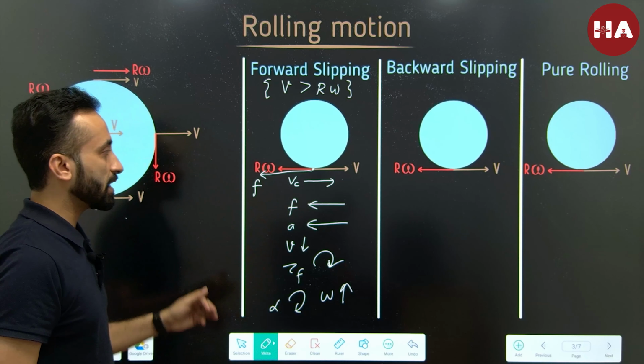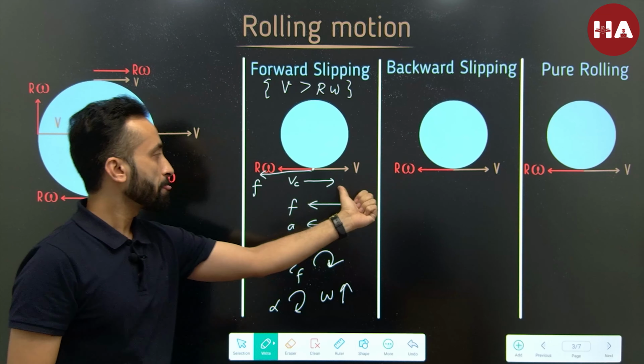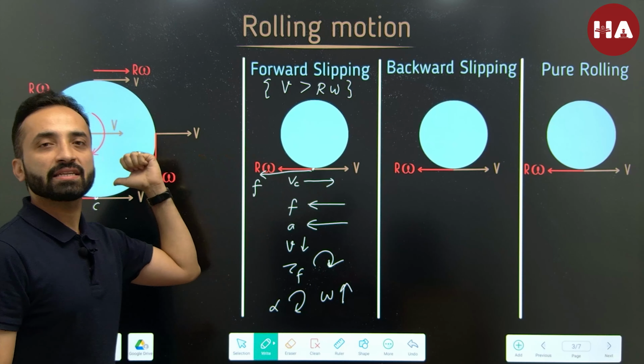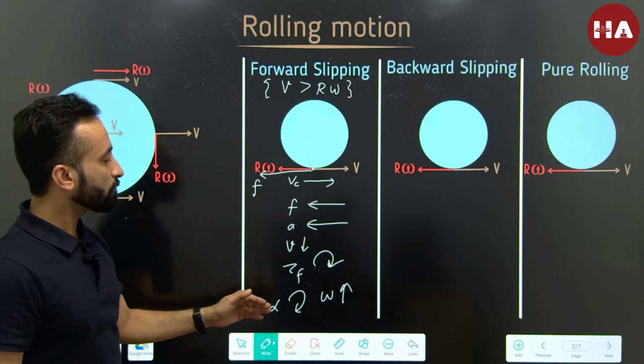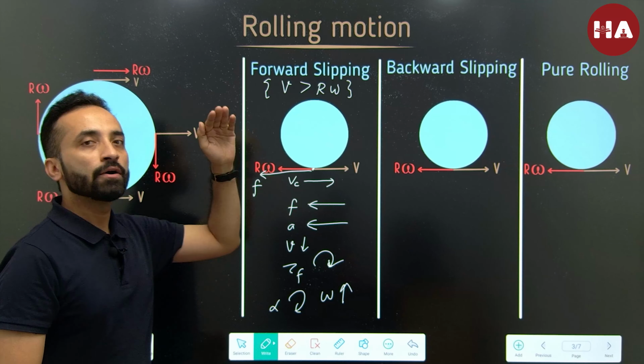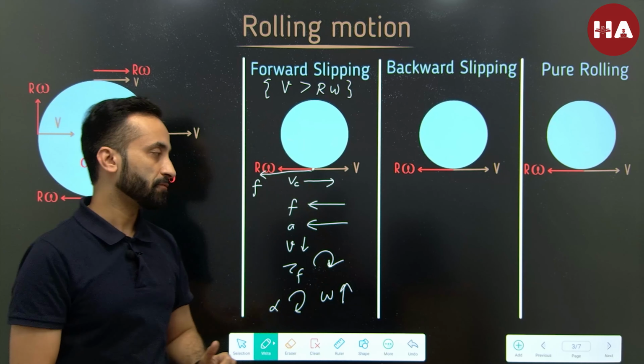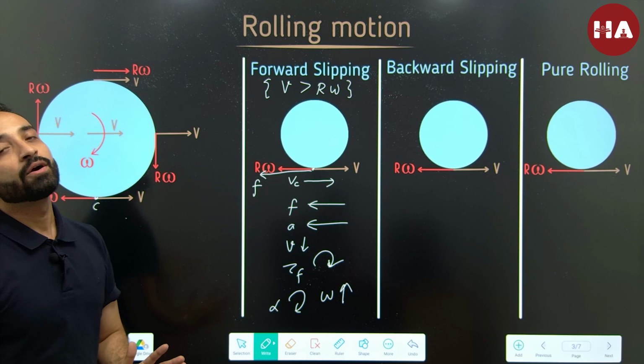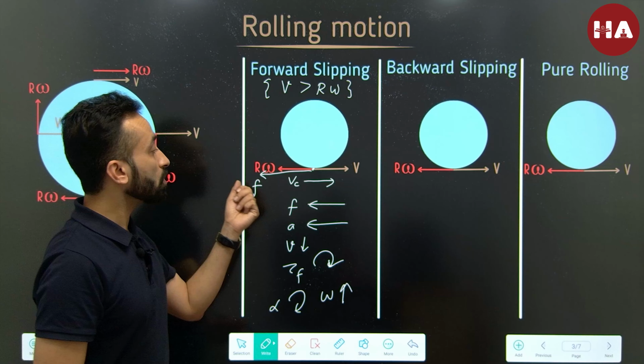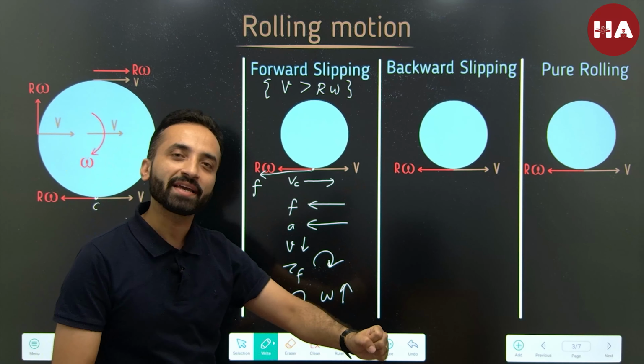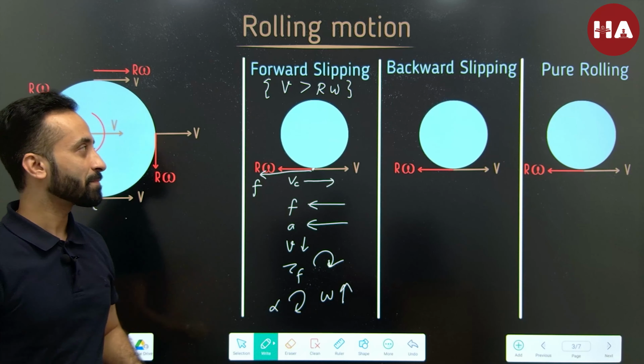Let's look at it again. V was forward, friction was backward, acceleration was backward, and therefore V is reducing. On the contrary, the torque of friction is clockwise, which is increasing omega.